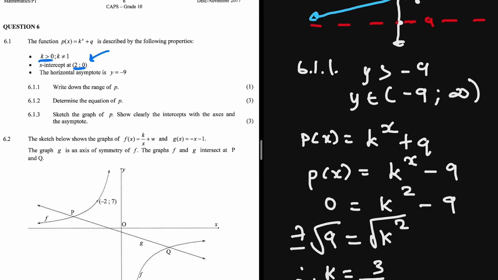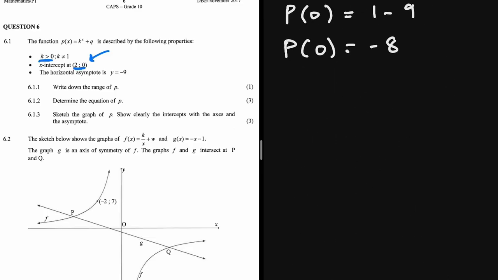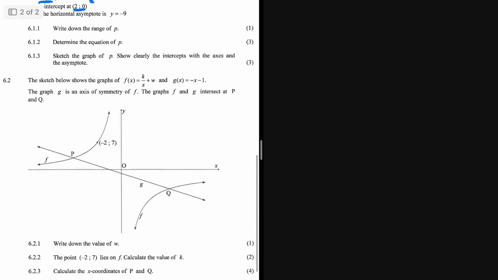Okay. So the next question that follows here is question number 6.2. So on 6.2 here, they say now, sketched below shows the graph of f at x. If you look at the graph of f at x here, it is k over x plus w. And then also the graph of g here, it is minus x minus 1.